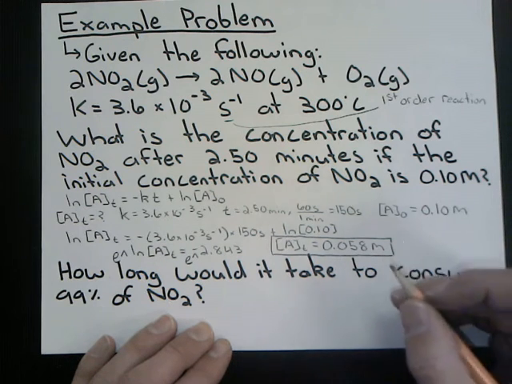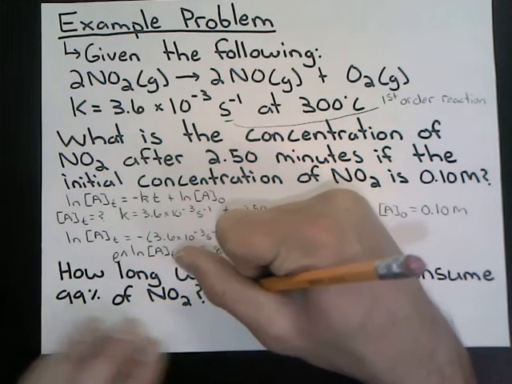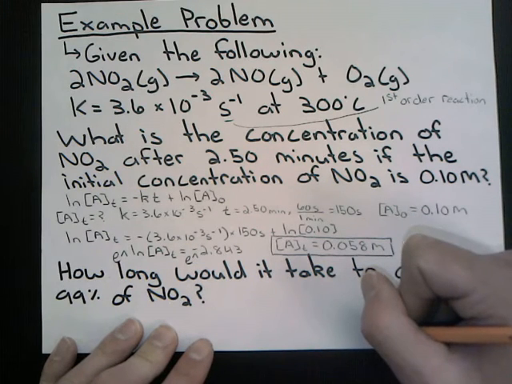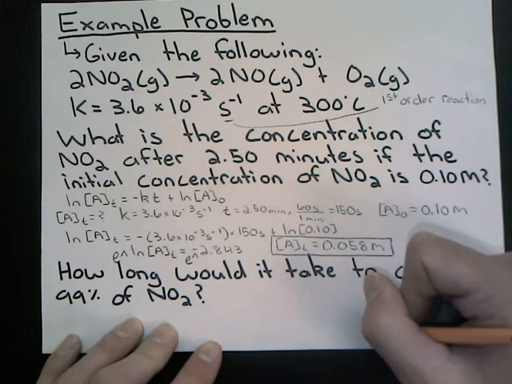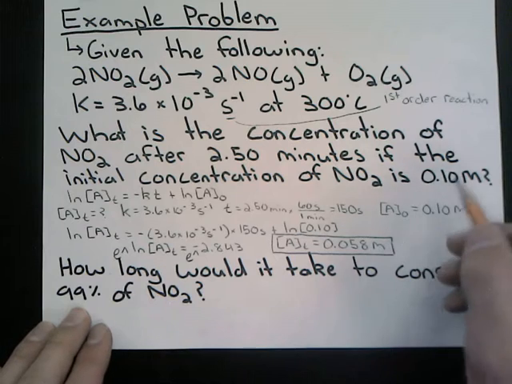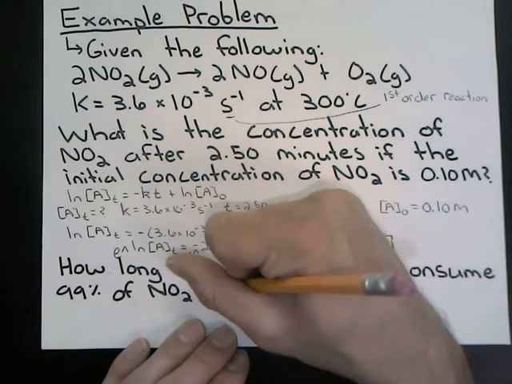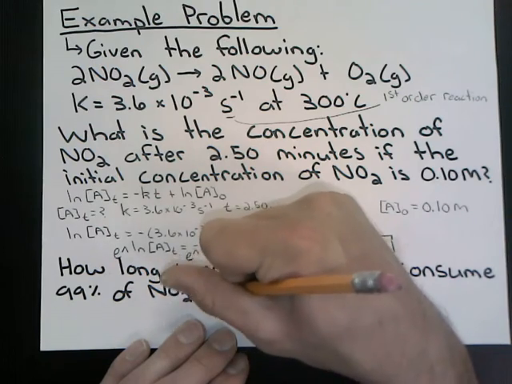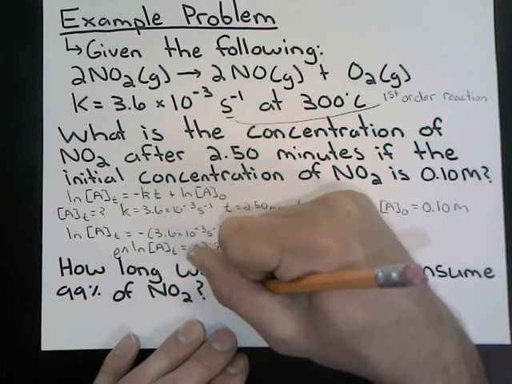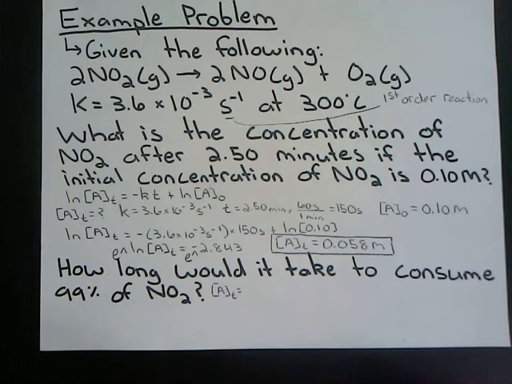To find out our value for the concentration at one specific time, we're going to have to use 99% and this 0.1. So the concentration at the specific time is 99%.